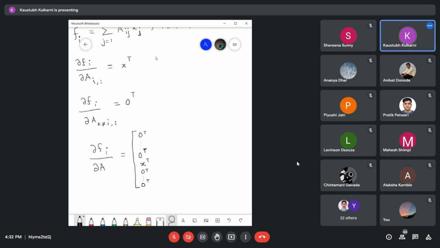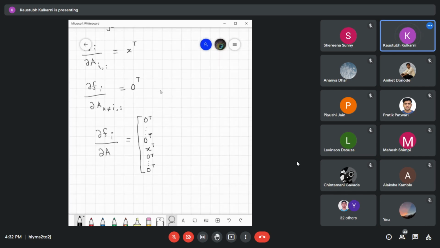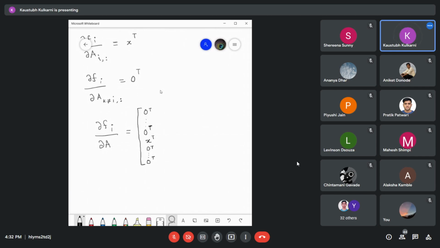How many f's are there here? 1 to m. So up to the mth row will also be 0.